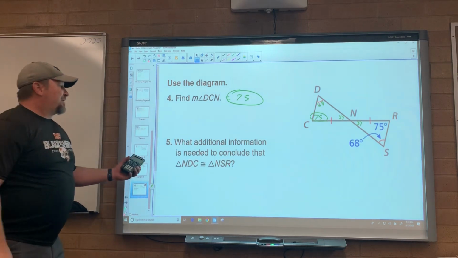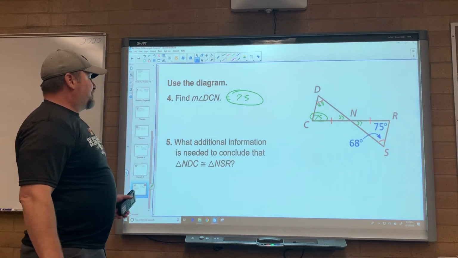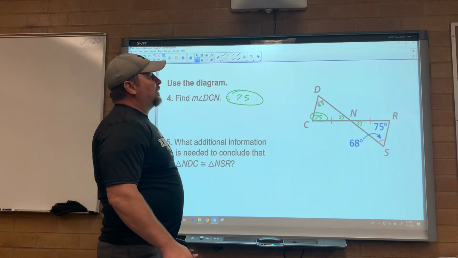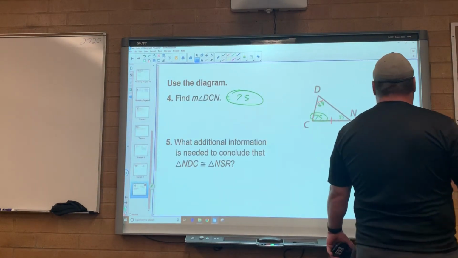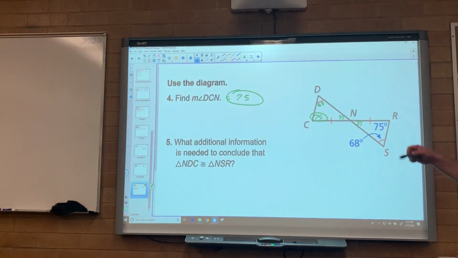What additional information is needed to conclude that these two triangles are congruent? Well, we have the angles right now, no problem. But what we don't have are the sides.